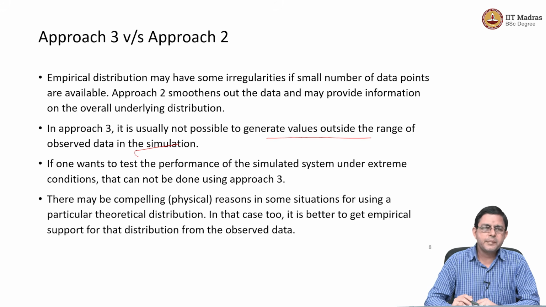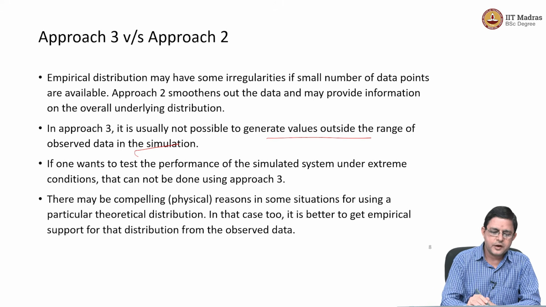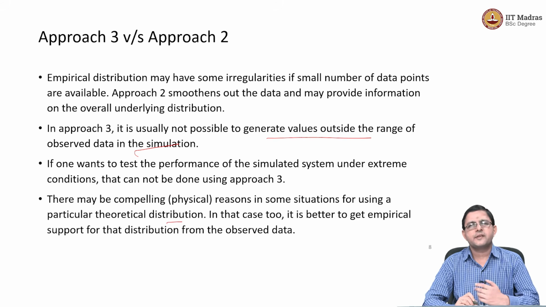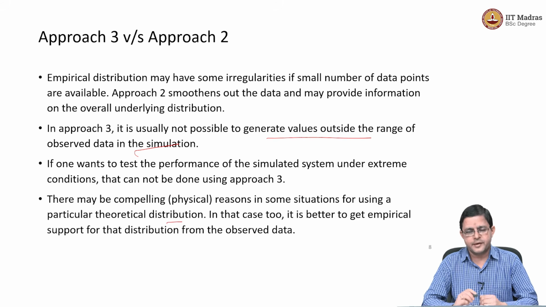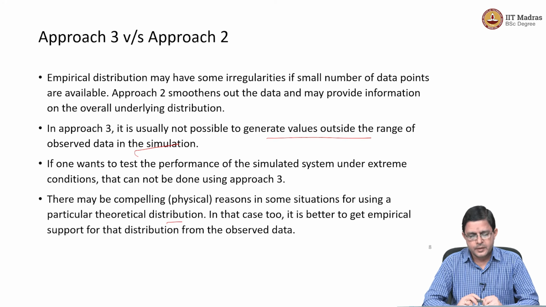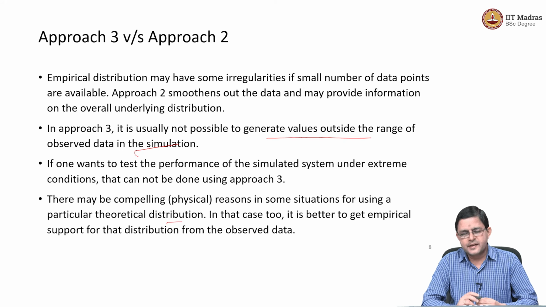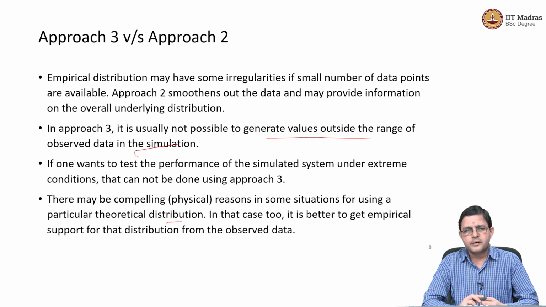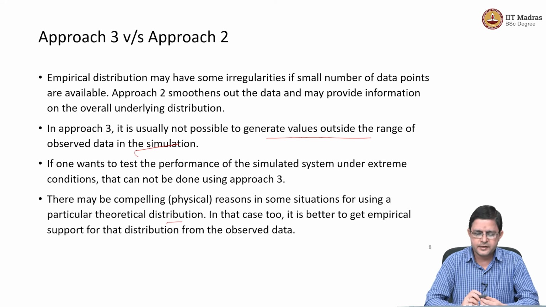Now, there may be some compelling reasons for using a particular theoretical distribution. For example, let us say that you have data about reliability. Now, reliability engineering places very high importance on the Weibull distribution. So, for any data that comes about the reliability, I would like to test whether it fits the Weibull family, right.